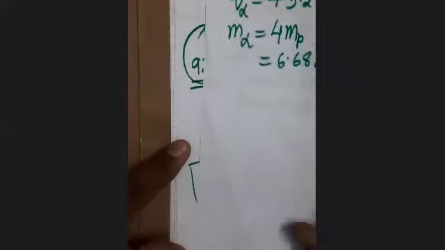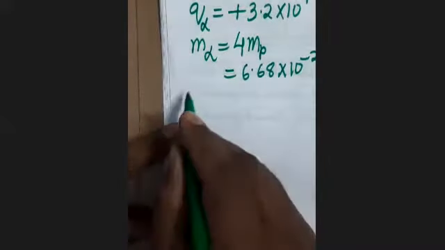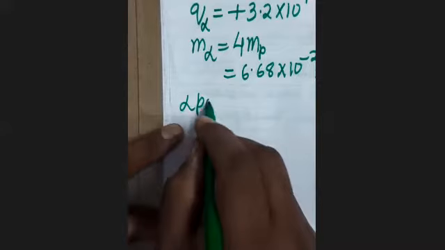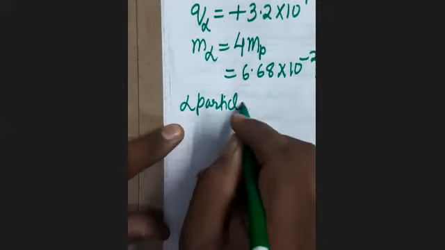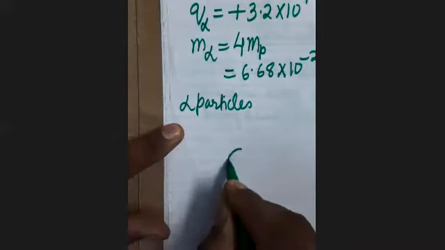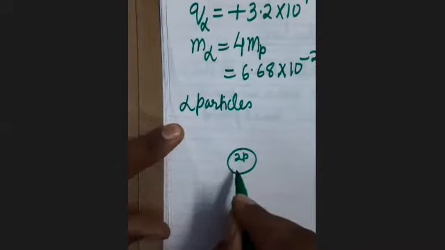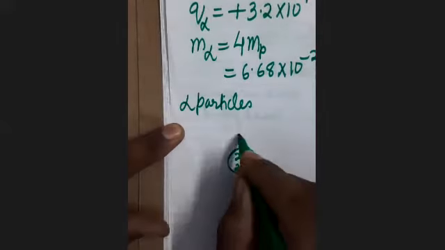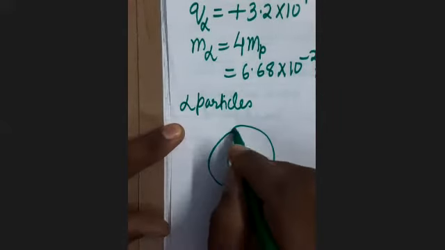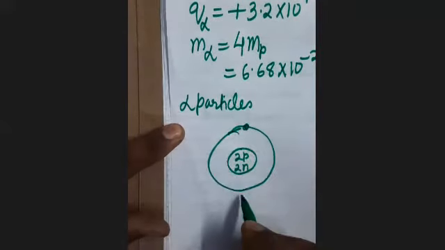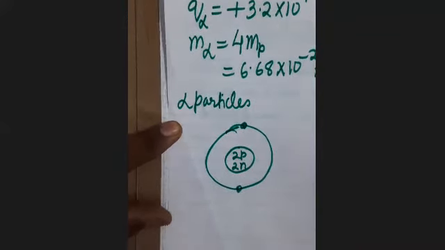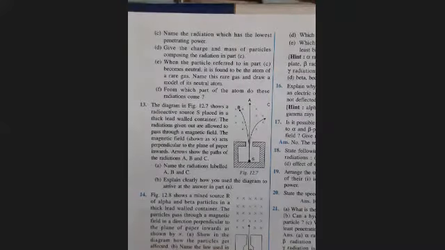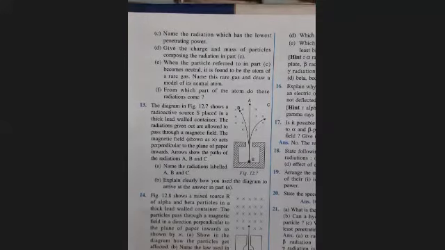So see here, as you know, alpha particles are helium nucleus. Helium nucleus means consisting 2 protons and 2 neutrons. When it will gain 2 electrons, it will become helium atom. So the answer will be, name the rare gas, helium gas.